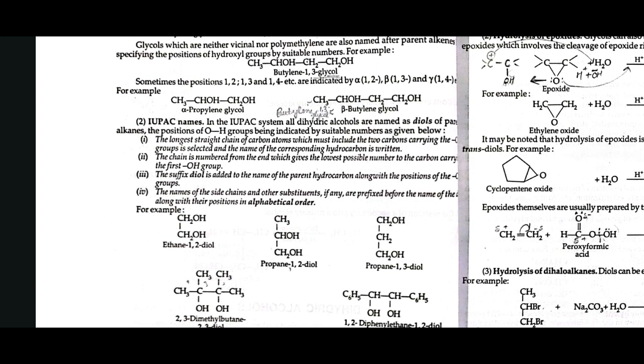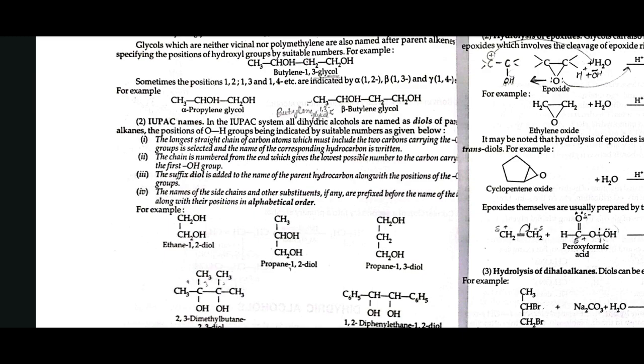IUPAC names. In the IUPAC system, all dihydric alcohols are named as diols of parent alkanes. The positions of the OH groups are indicated by suitable numbers, as given below. The longest straight chain of carbon atoms, which must include the two carbons carrying the OH groups, is selected and the name of the corresponding hydrocarbon is written.